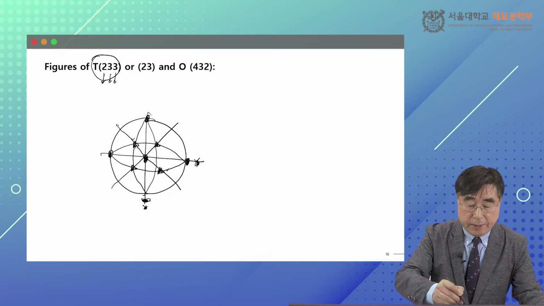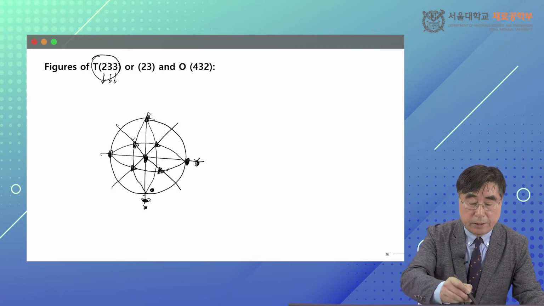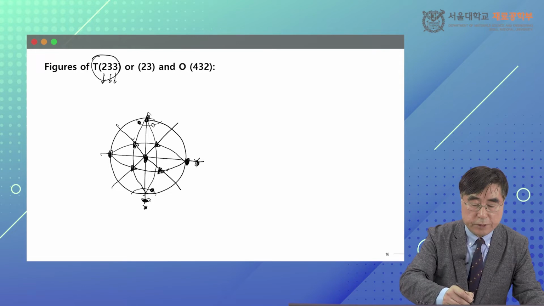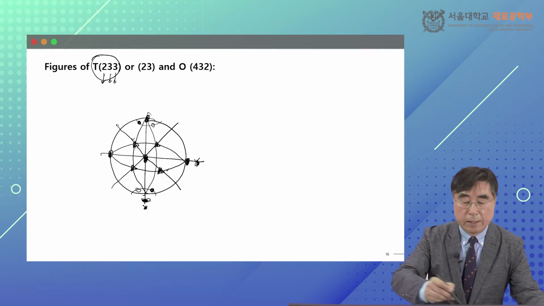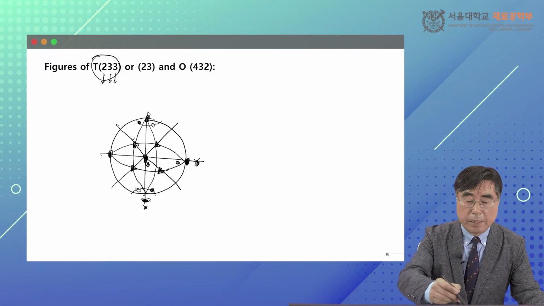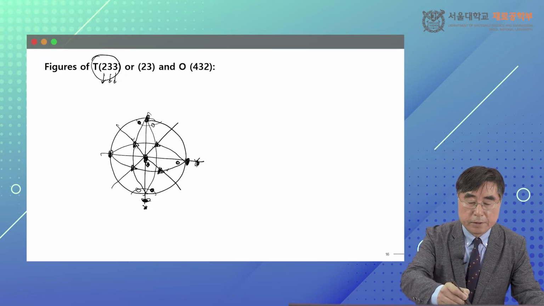Okay. Anyway, if I put the general poles in here, one in here, then the twofold generates here, this twofold generates here, and this twofold generates here. Then this threefold generates here, here, and this one threefold generates here, here.